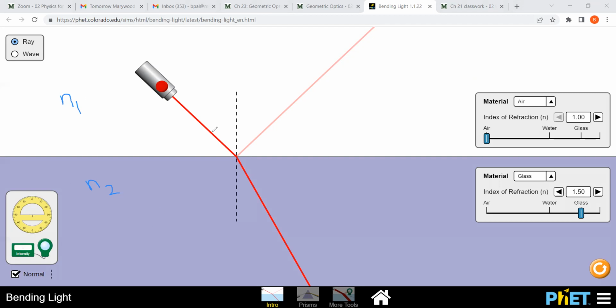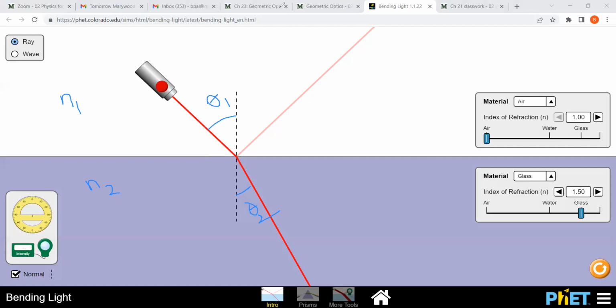And what is theta 1? Theta 1 is the angle of incidence, so this is theta 1. And what is theta 2? This is theta 2. As you already know, this is called the angle of incidence, and this is called the angle of refraction.